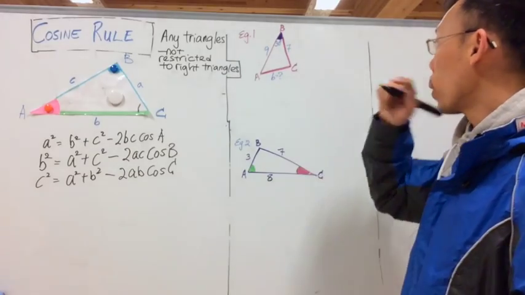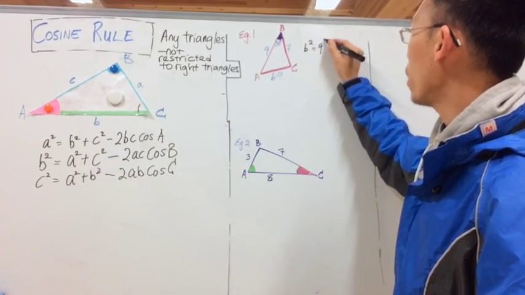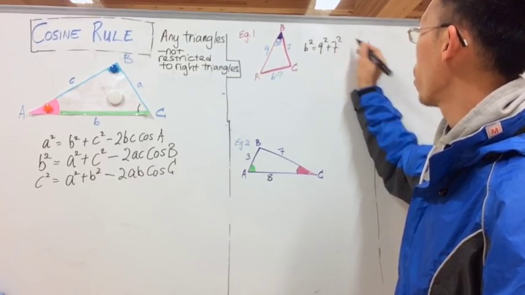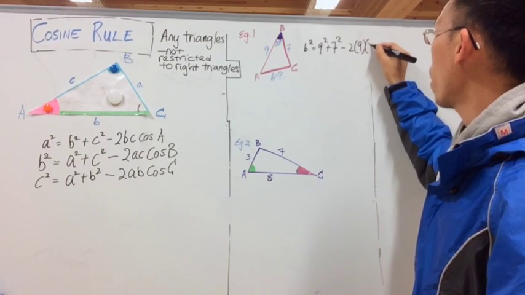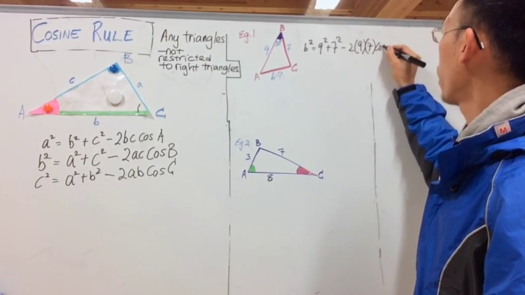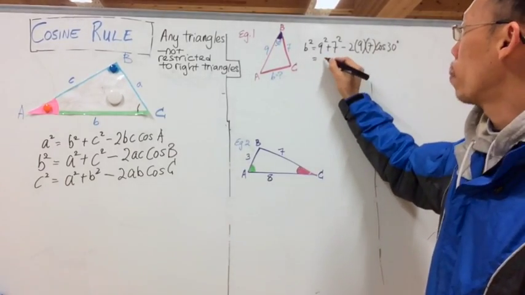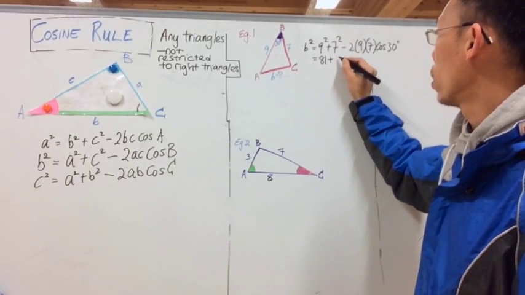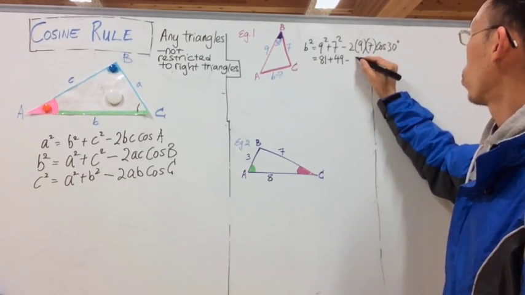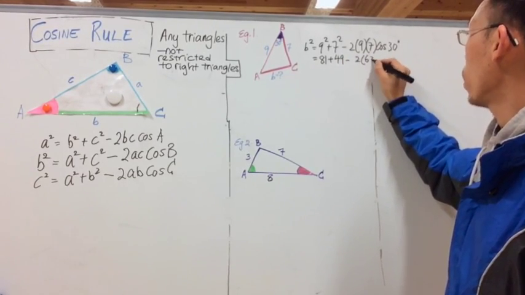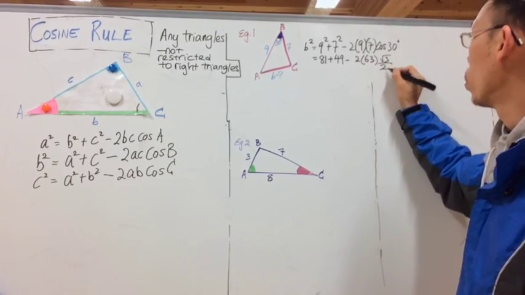So here we say b square is equal to 9 square plus 7 square minus 2 times 9 times 7 and cosine of 30 degrees. So that becomes 81 plus 49 minus 2 times 9 times 7, 63, cosine 30 is square root of 3 over 2.